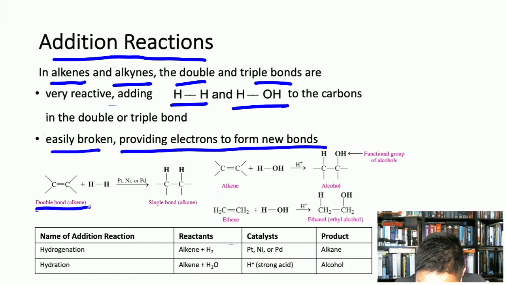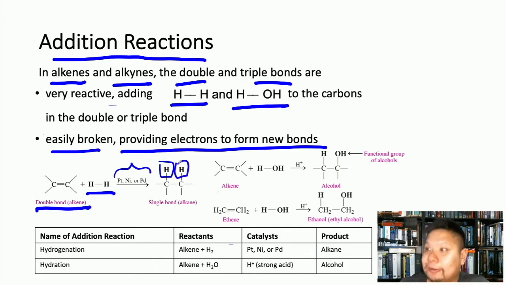So for example, the double-bonded alkene here can be treated with hydrogen gas in the presence of a catalyst like platinum, palladium, or nickel. And what happens is that the double bond breaks, giving you two hydrogens, right?